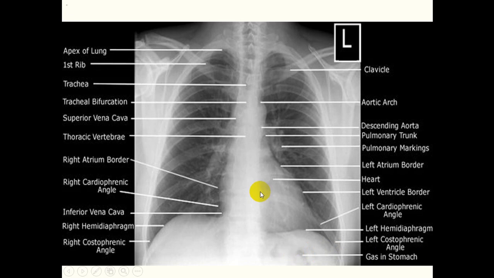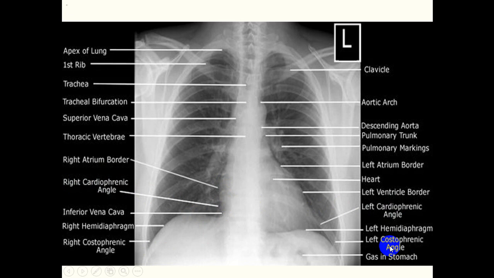Here we can observe some radiographic terminologies. The right costophrenic angle is present here, which is formed between the diaphragm and the thoracic wall in this radiograph, and then the angle between the shadows of the heart and the diaphragm here on the right side is the right cardiophrenic angle, and on the left side it is the left cardiophrenic angle.